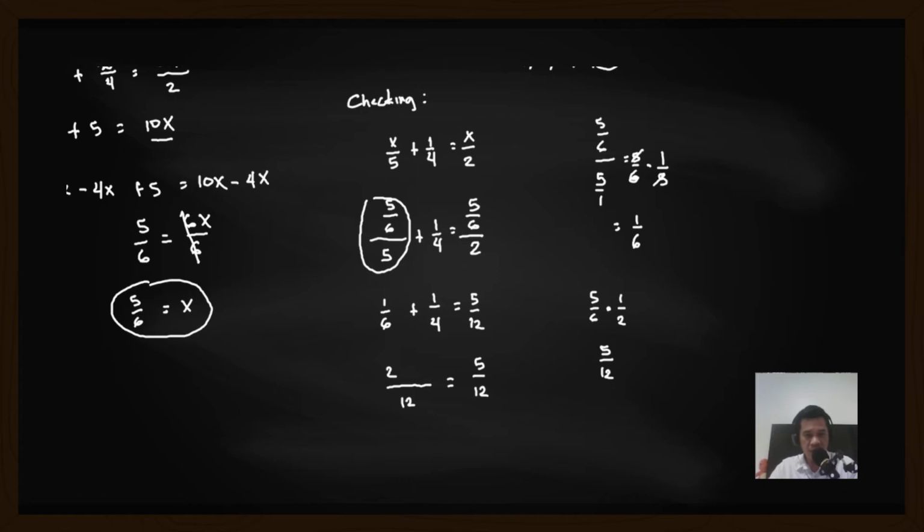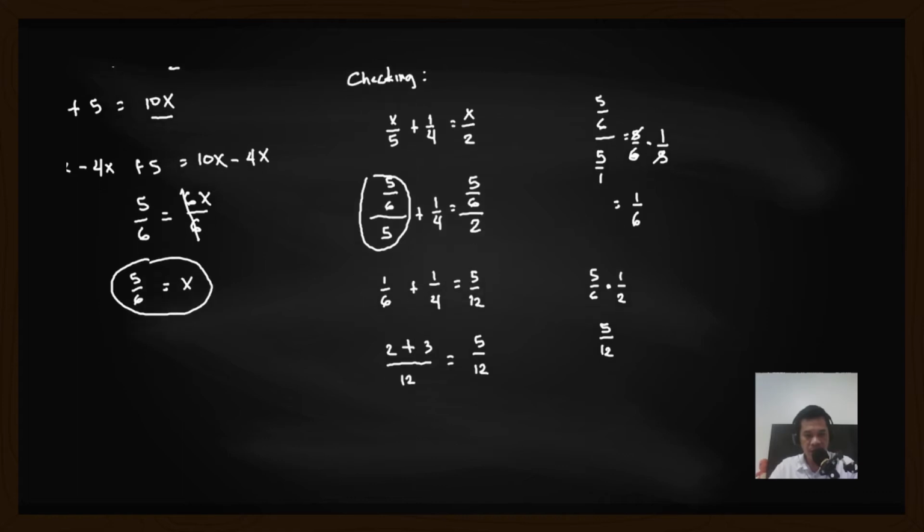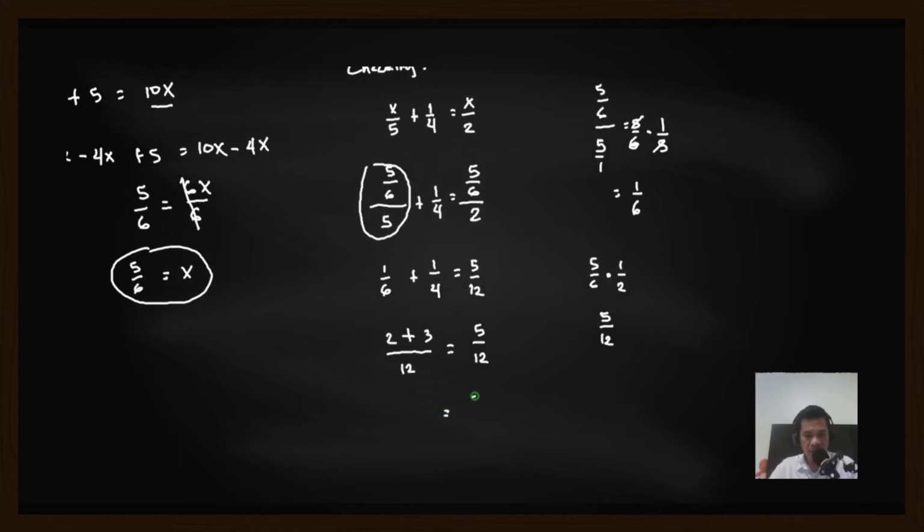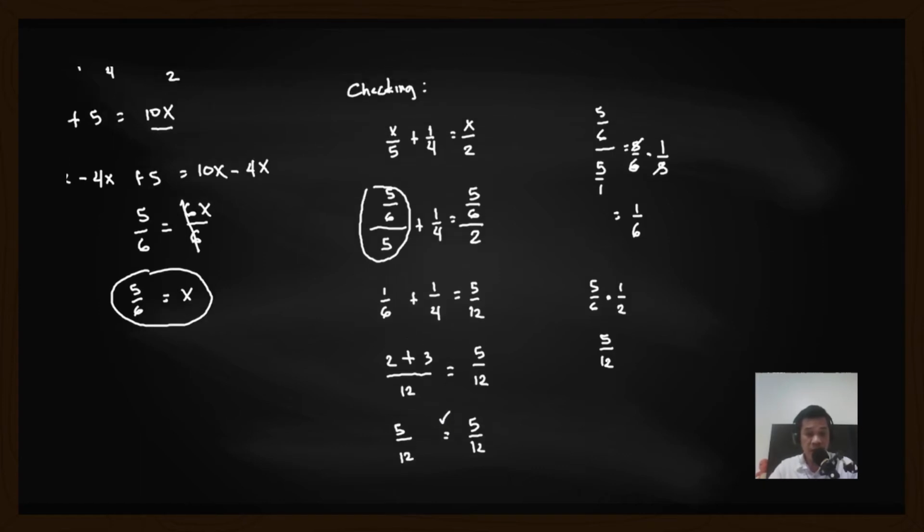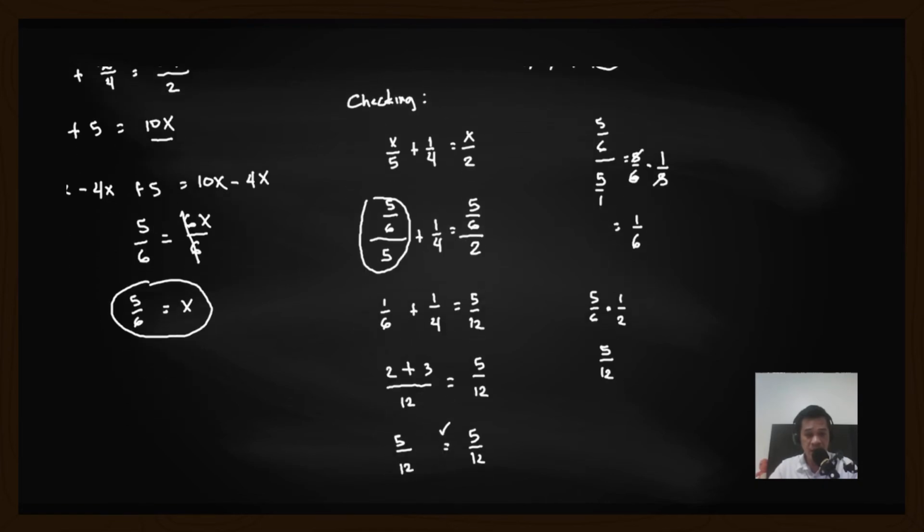Just copy the operation, plus, and then 12 divided by 4, we have 3 times 1, we have 3. And then continue, 5 over 12. Okay, simplify this one, we have now the result 5 over 12. So since the result is equal, then 5 over 6 is the solution for the rational equation.